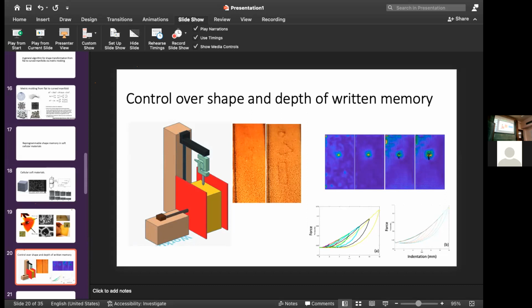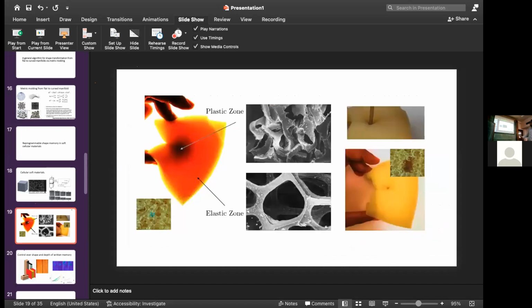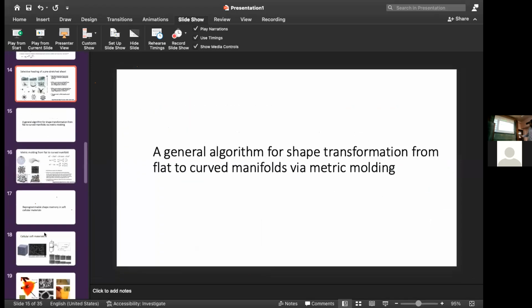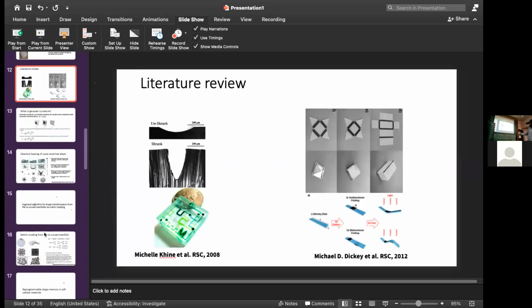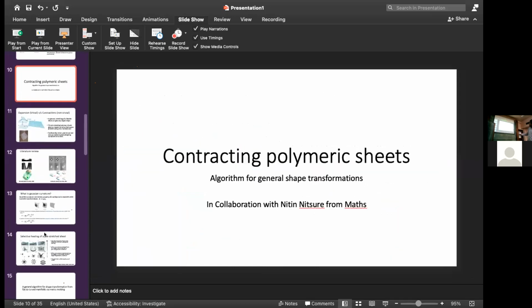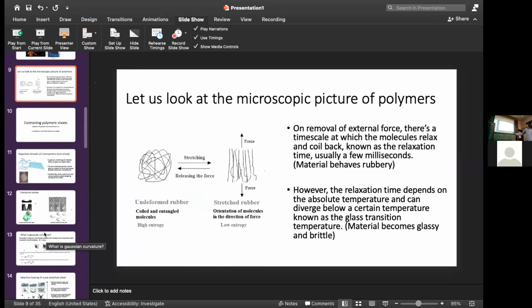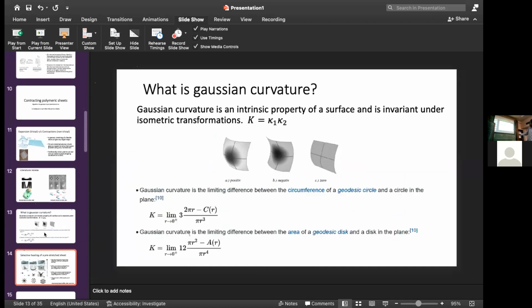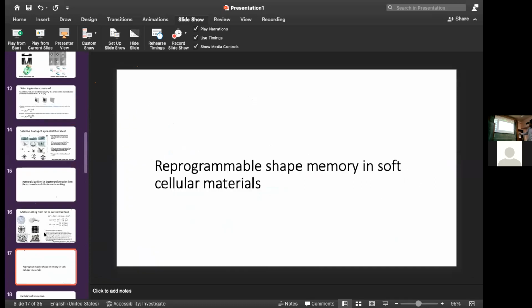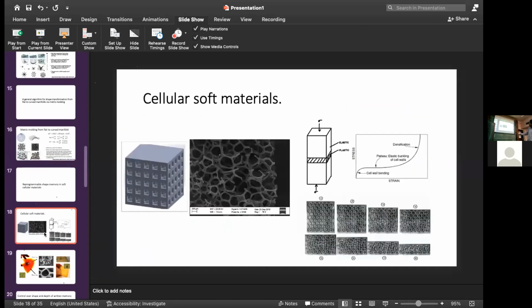It's not robust, yeah, you are right. But I can use one property that I talked about previously to make it robust. I actually should have put a glass transition temperature curve here, but if I reduce the temperature and convert it into a glass, then it will be a memory that stays for a long time.